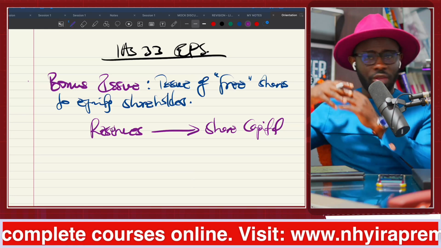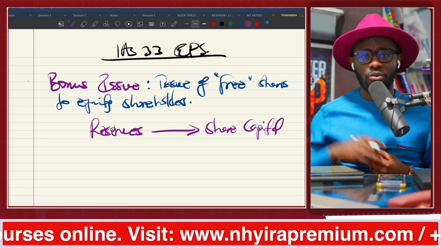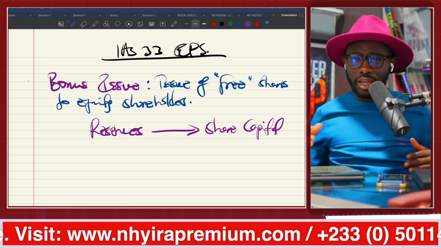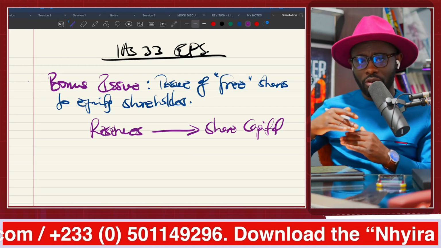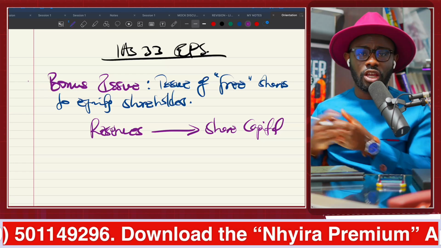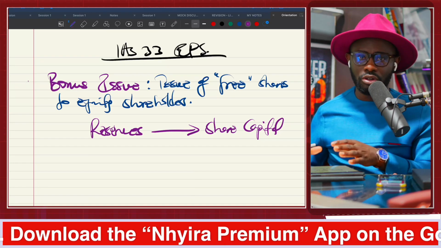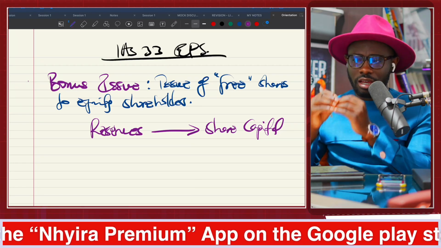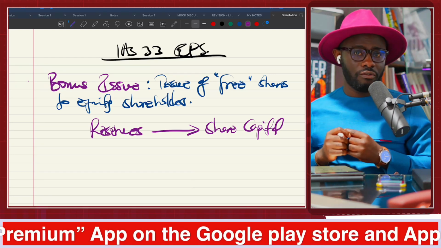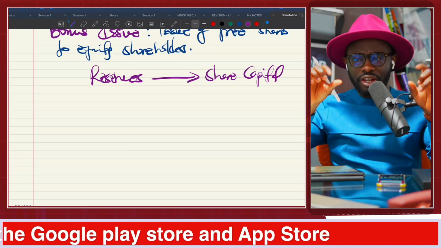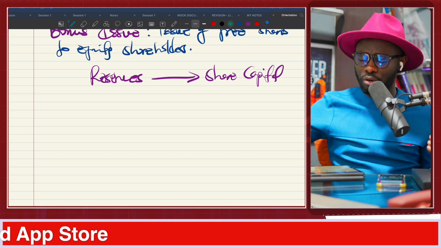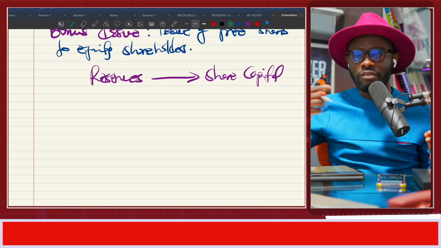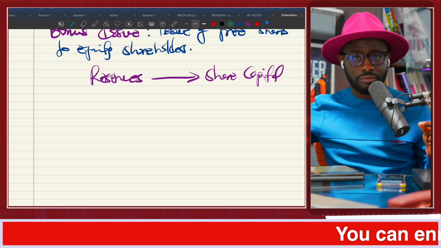So we are just giving ordinary shareholders more shares, but they are not paying anything for it. Unlike a rights issue, where they pay below the prevailing average share price, in a bonus issue they are getting new shares, but they are not going to pay anything for it. Because it is a free share, anytime there is a bonus issue, we have to calculate the bonus fraction.